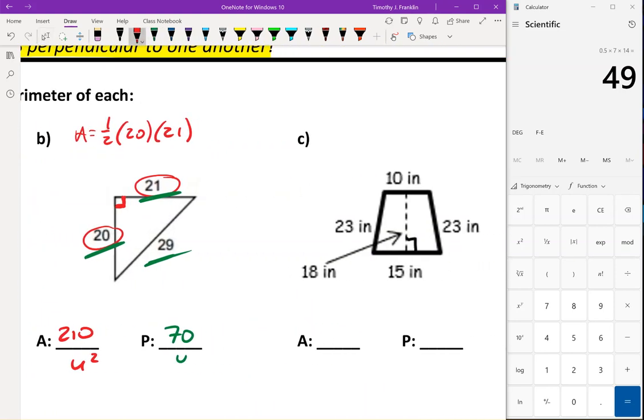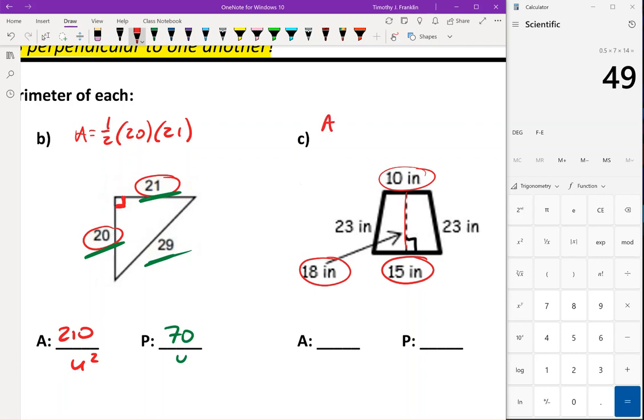Okay, now let's look at some trapezoids. A lot going on in this one, but remember the bases are the parallel sides, so that would be 10 and 15, and the height is the perpendicular distance between them, which would be 18.